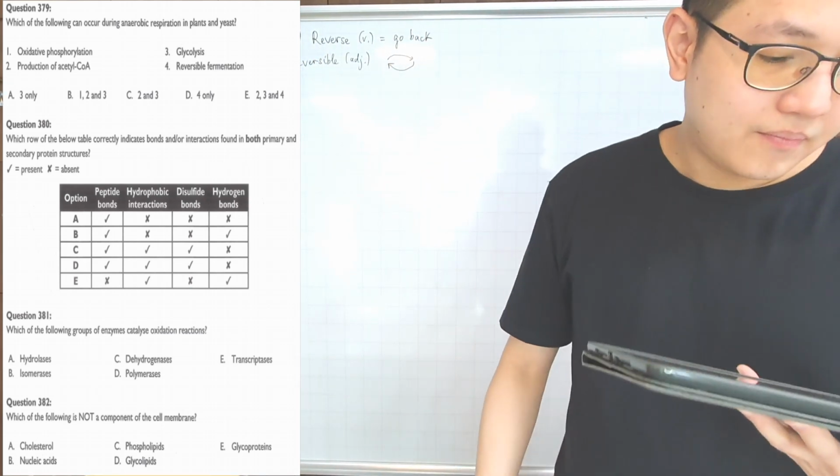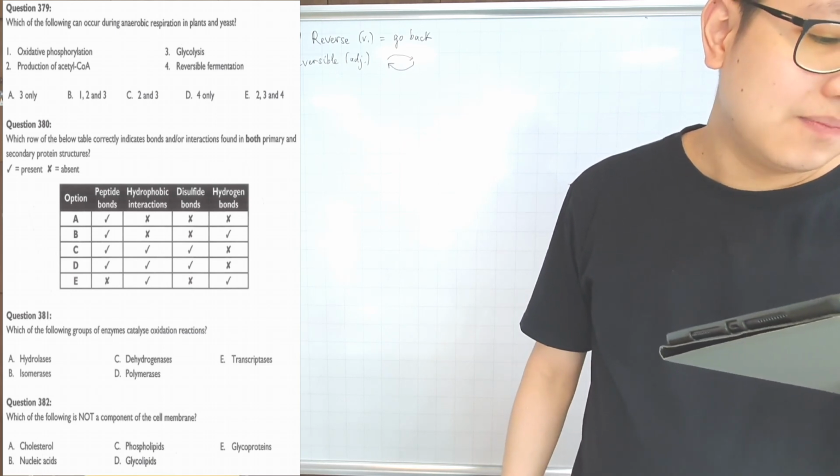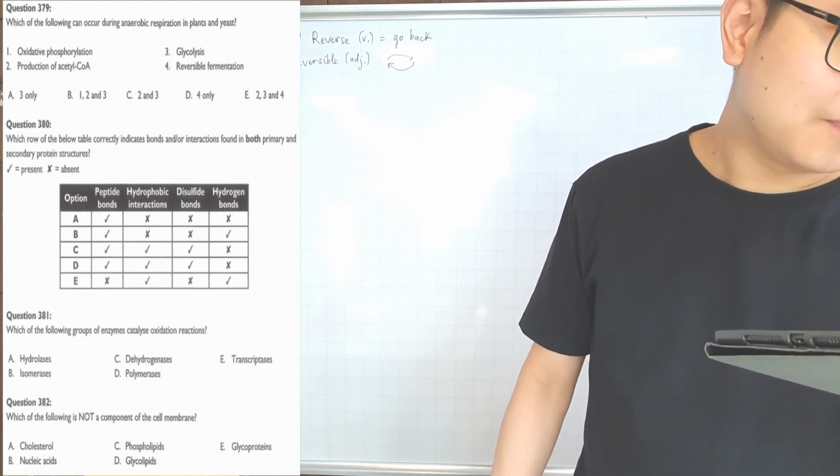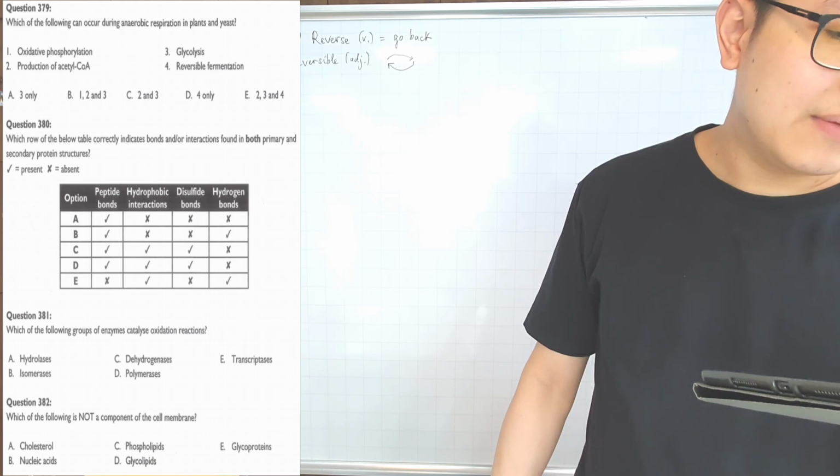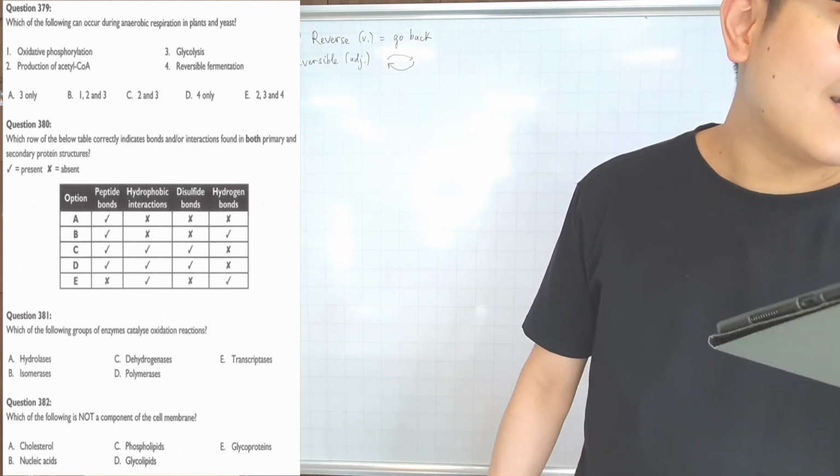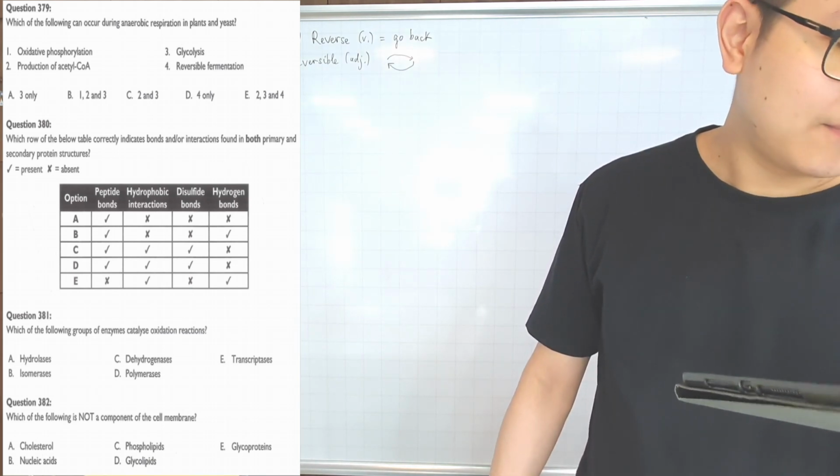380. Which row of the below table correctly indicates bonds and or interactions found in both primary and secondary protein structures?